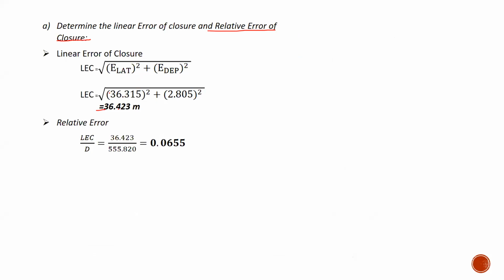So, meron tayong nakuhang 36.423 meter. For the relative error naman, that is LEC all over D. So, 36.423, which is yung linear error of closure natin. Ito. Yung D natin is our perimeter. So, ito yung relative error natin.